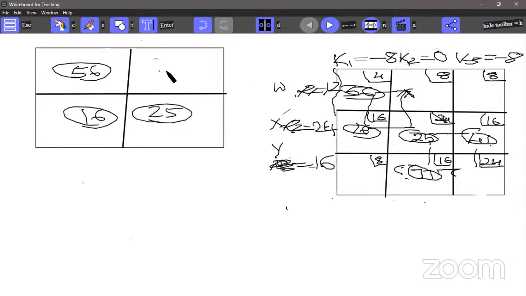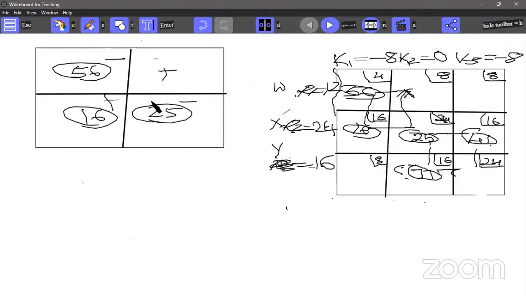Here I have to put plus, minus, plus, minus. Is that clear? Minus indicates that I'm going to remove something from there. Plus indicates I'm going to add something there.